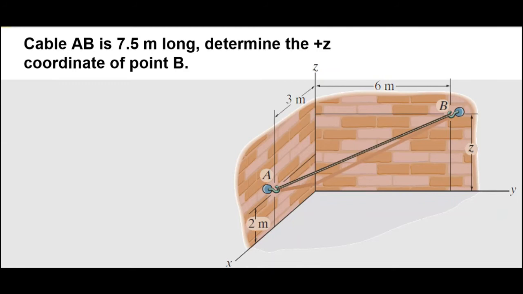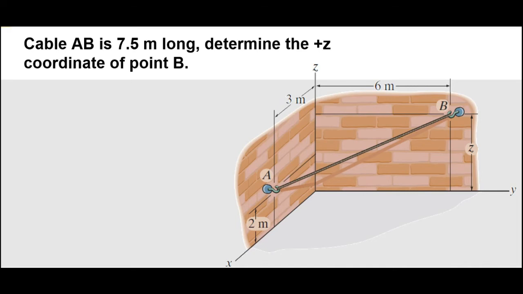It's quite instructive to work on problems where we define a vector by coordinates. This is common in problems that have cables or rods where the force is along the length of the member. For example, the cable AB.